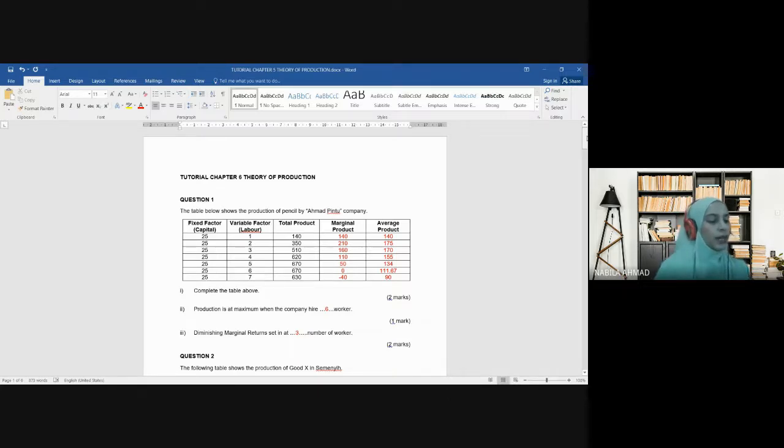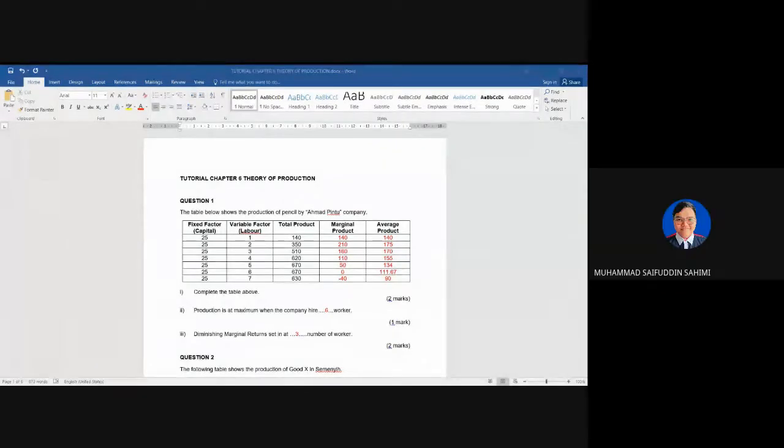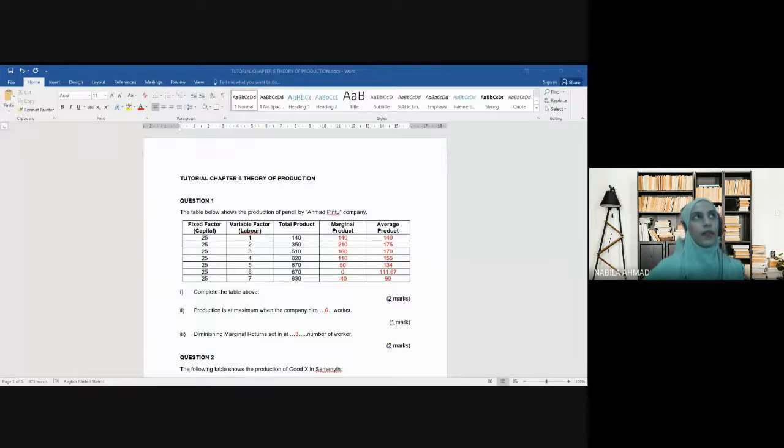Go to page 199 until 200. Okay, buat soalan 1, short answer ya. Soalan 1, soalan 2 dan soalan 3. Okay, cuba buat soalan-soalan tu. Boleh buat sekarang? Yes. Okay, boleh buat sekarang. And if you have any question, you can ask me lah.